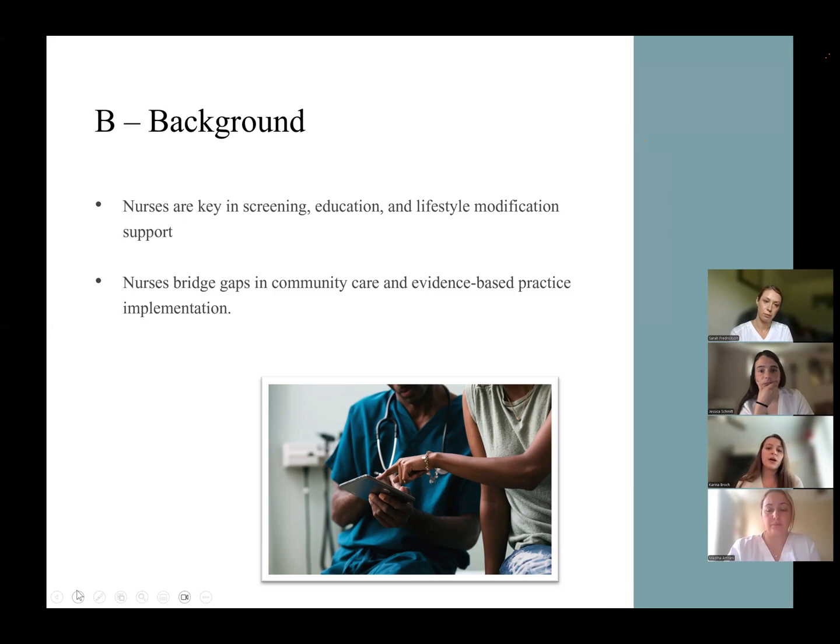And also, we are a gap between the community care and the evidence-based care that we see in nursing school. We are talking about how we nurses need to know our community, our surroundings, to be able to help and find the risk factors and find what is missing in that community so we can help them reach well-being. That's it.